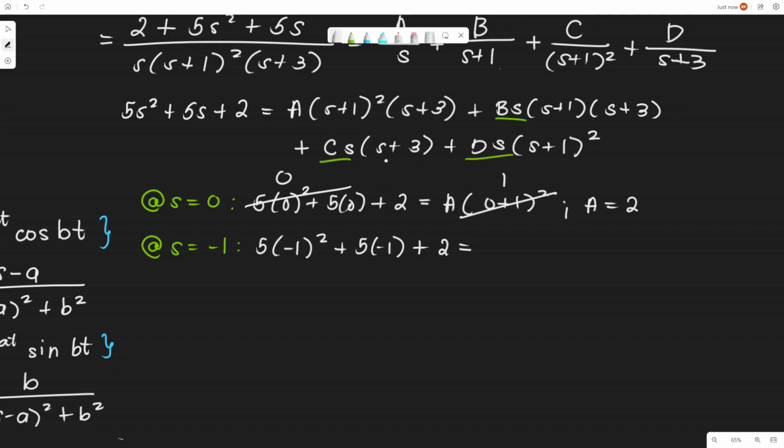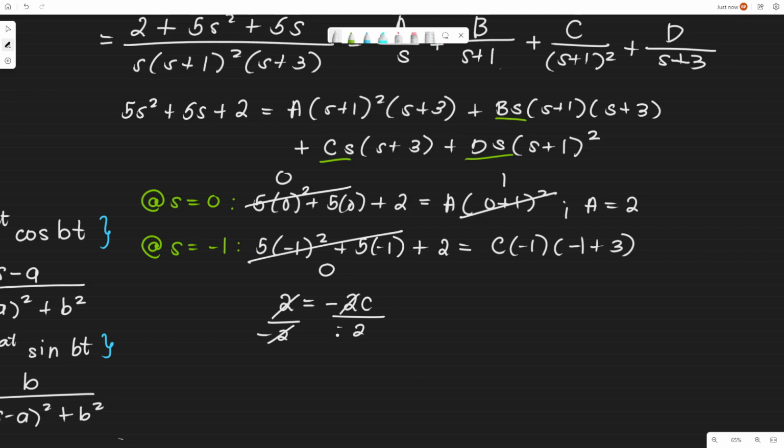A, B, and D. So, ang may iwan lang natin is si C. So, we have here C times negative 1 times negative 1 plus 3. So, therefore, we have here 5 minus 5, that is just 0. So, we have 2 is equal to negative 1 times 2, that's negative 2 C. Divide both sides by negative 2. So, cancel, cancel. So, C is equal to negative 1.